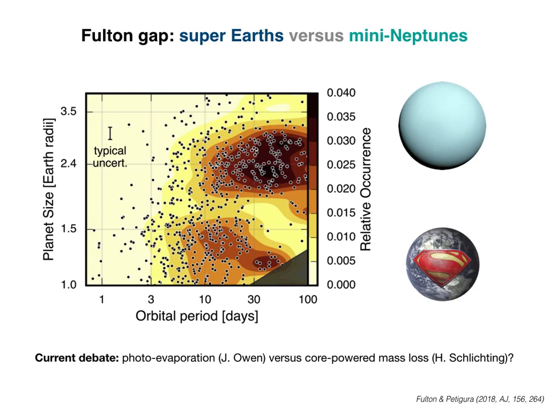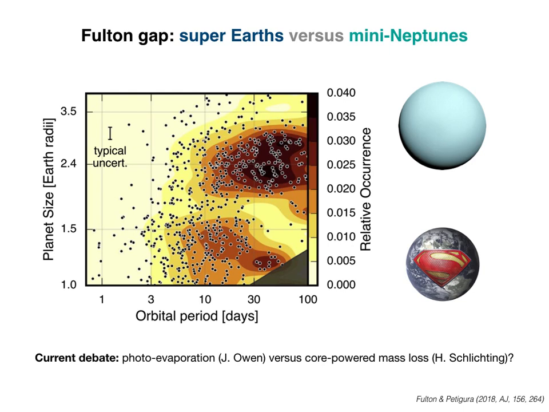Once one does this, one sees that the planets separate into two subpopulations, separated at roughly 1.6, 1.7 Earth radii. This separation is commonly called the Fulton Gap.